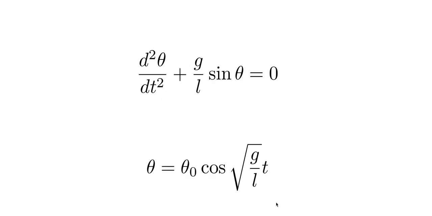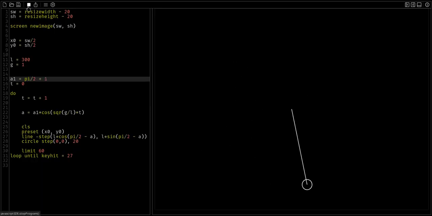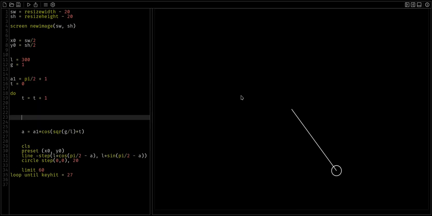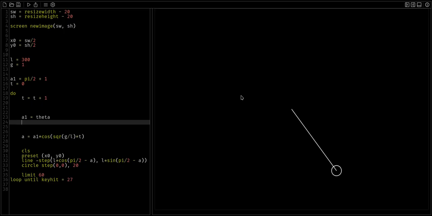and what we'll do is we'll call A1 theta and A2 d theta over dt.